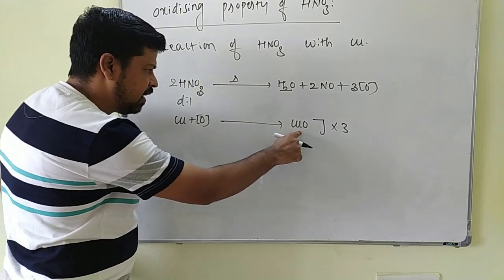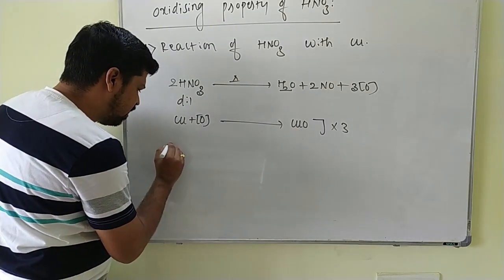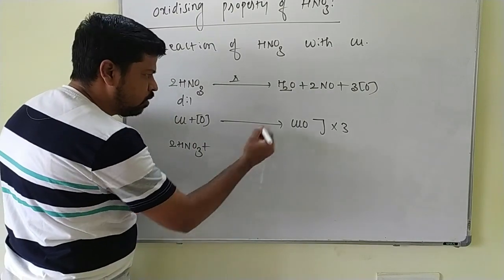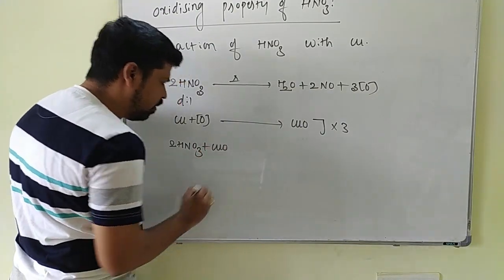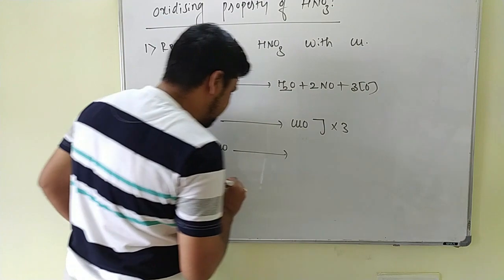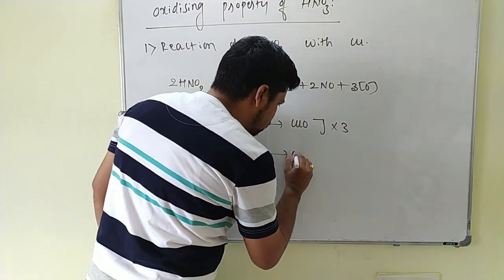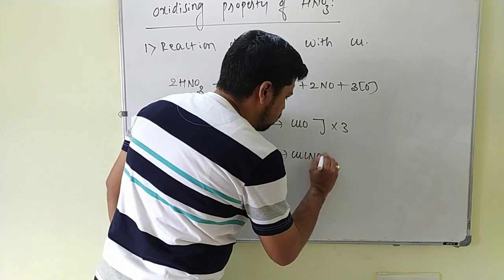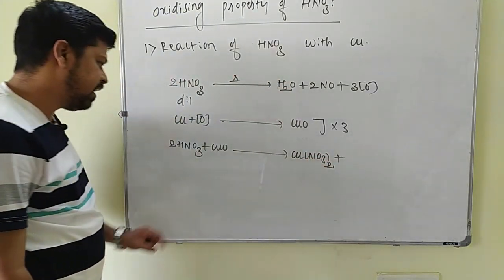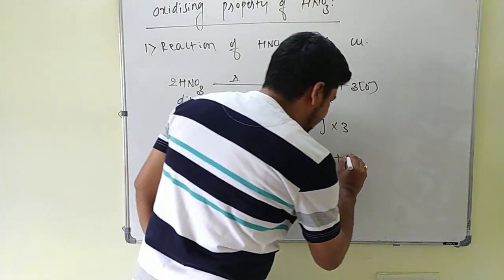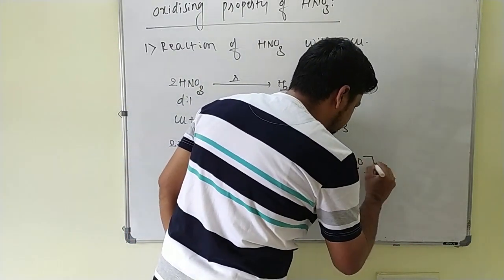Then this, being basic in nature, again reacts with acid. This is 2 moles of HNO3 plus copper oxide. So again the same product you write here, copper nitrate plus water molecule. This is copper nitrate plus 2 hydrogen, 1 oxygen, you can write 1 water molecule.